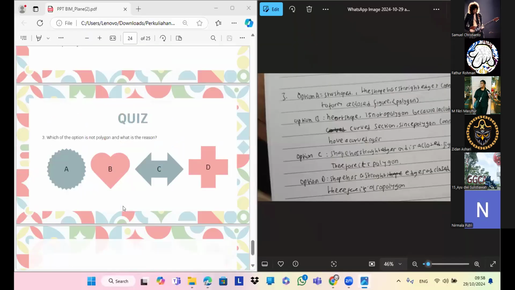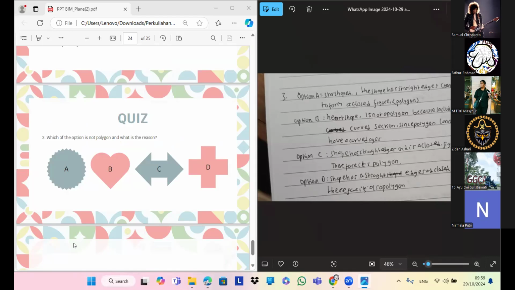There are four shapes. Option A looks like a star shape, B is like a heart shape, C is a left-right arrow shape, and D is like a plus shape.